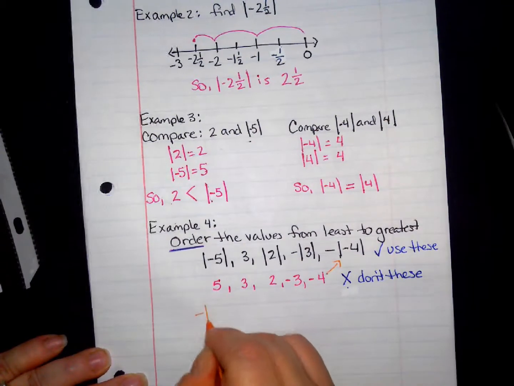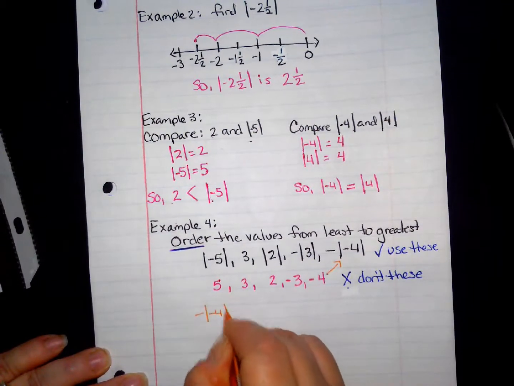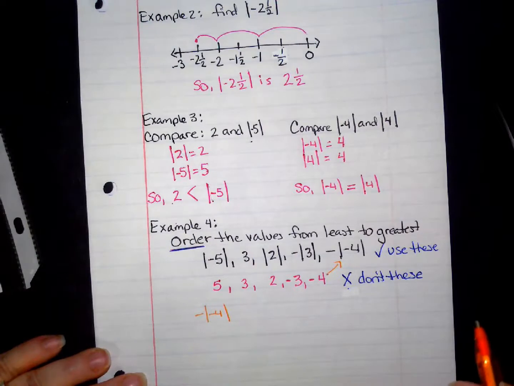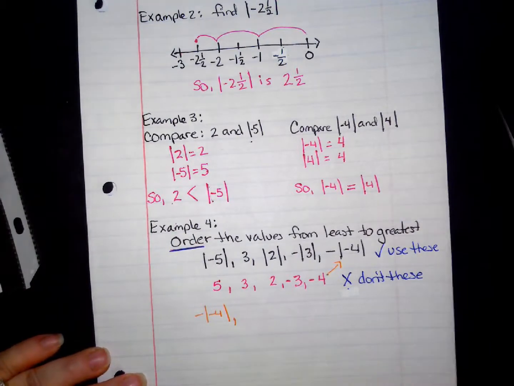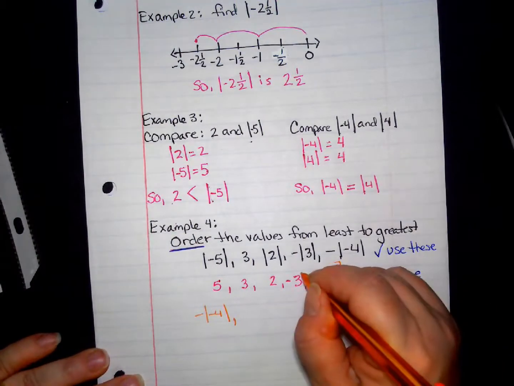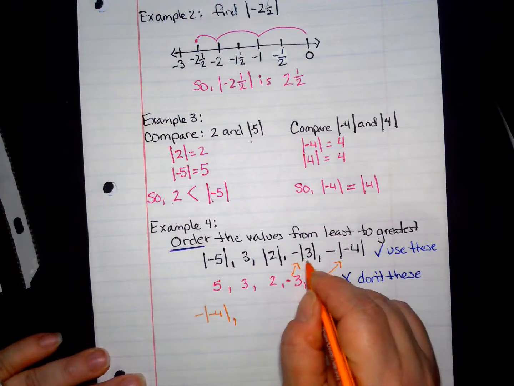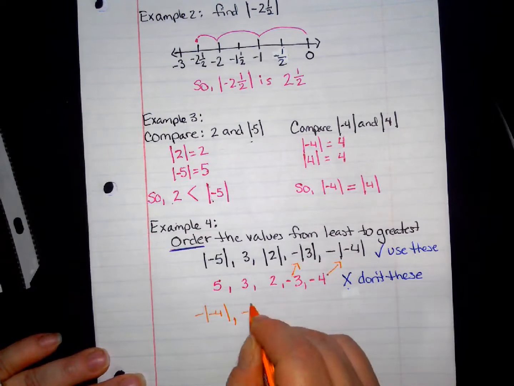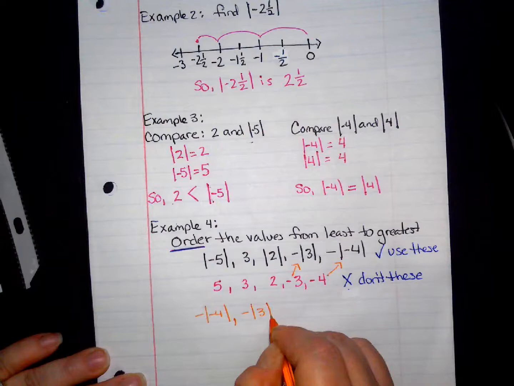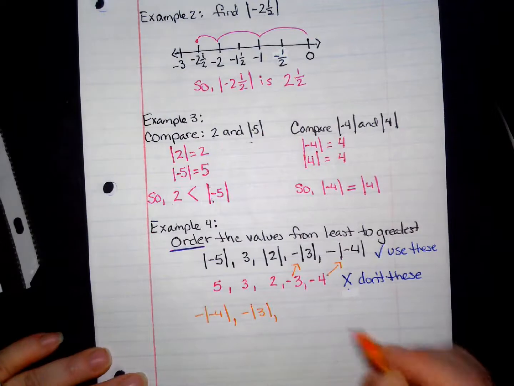Sorry, negative absolute value of -4. Now my second lowest number is this guy, which, remember, we're using this. Negative absolute value of 3, comma, space. Remember, you separate every integer with a comma and a space.